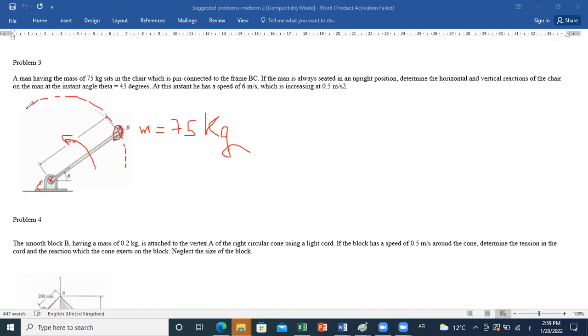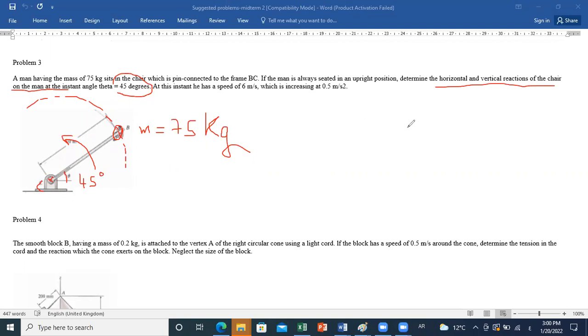Now, they are asking to find the horizontal and vertical reactions of the chair on the man for an angle theta of 45 degrees. So when theta is equal to 45, I want to determine the components of the chair action on the man. My system is the man.